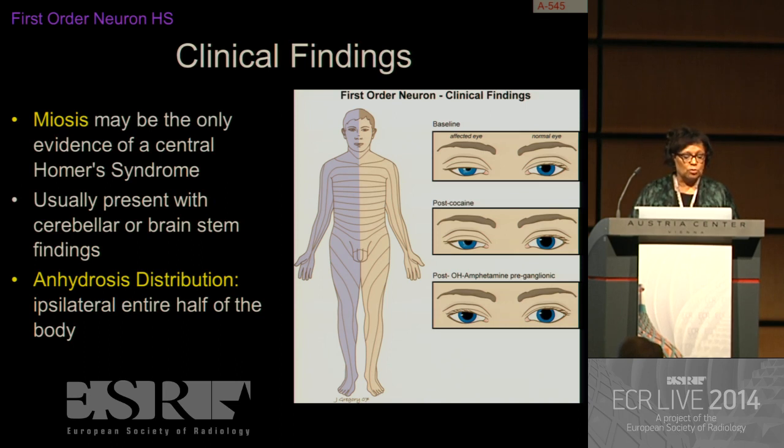In these patients, miosis may be the only evidence of Horner syndrome. Usually they'll present with cerebellar or brainstem symptoms, and if they have anhidrosis, it's to the ipsilateral half of the body. And again, you see the eye findings that after the cocaine, the pupil dilates, and with the hydroxyamphetamine, the pupil will dilate even more.